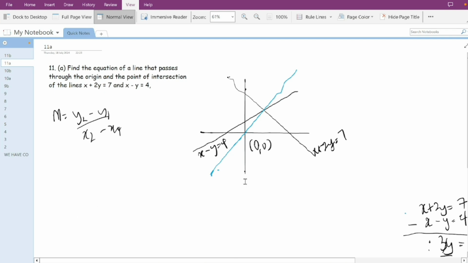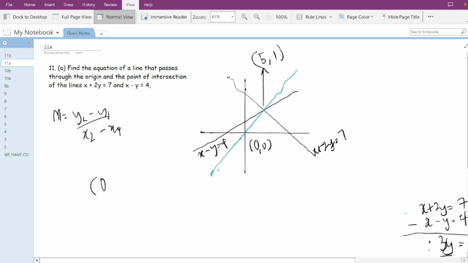Going back to our graph, this is one of the points on the new line we're asked to find the equation of the line for. So at point 0, 0, the second point which we calculated is 5 and 1. That's x is 5, y is 1. And with this we can find the gradient. Remember, we wrote the formula for the gradient at the very beginning, which is gradient m equals y2 minus y1 over x2 minus x1.